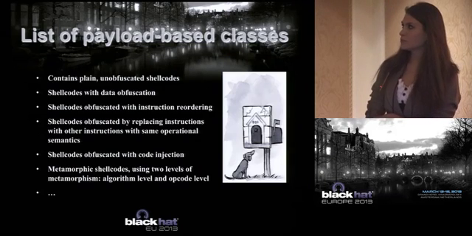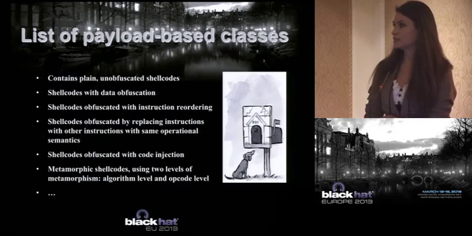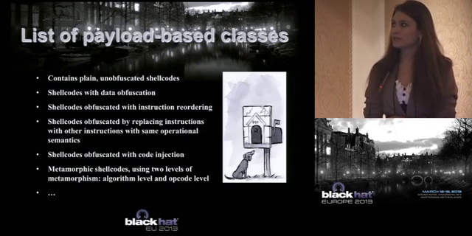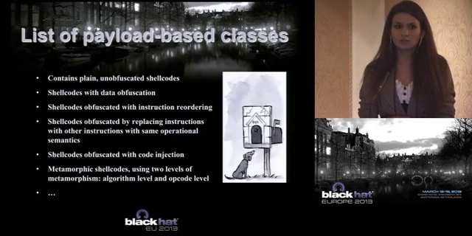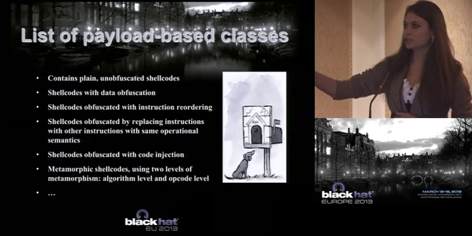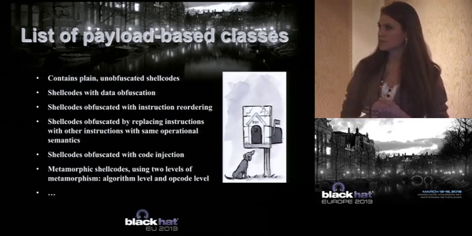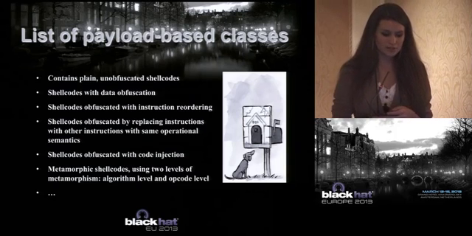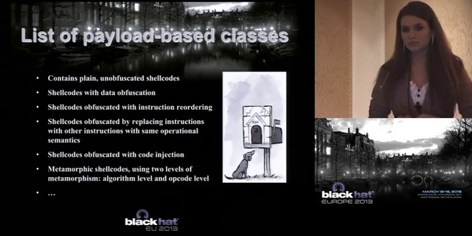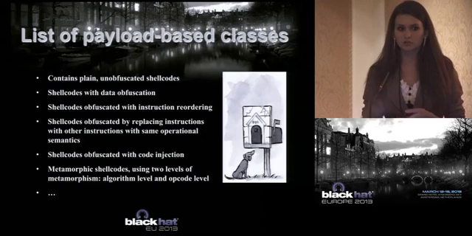Here is an example of payload-based classes. We could have plain unobfuscated shellcodes, and shellcodes with different obfuscation. The first five bullets stand for polymorphic obfuscation of shellcodes. It's also interesting to consider metamorphic shellcodes, which provide two levels of obfuscation.